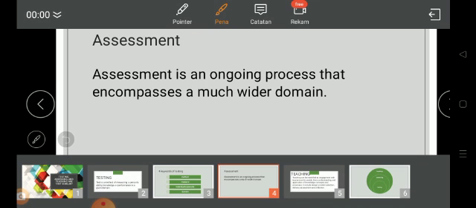On the other hand, assessment is an ongoing process that encompasses a much wider domain.